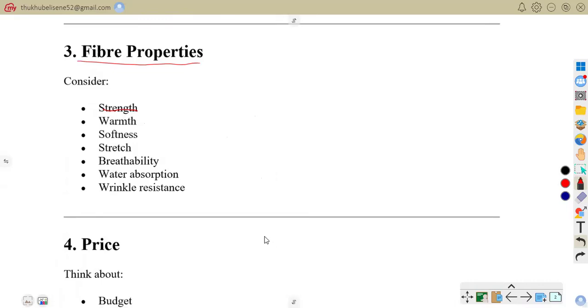For example, denim is strong enough for everyday jeans. Then warmth. Some fibers help keep the body warm by trapping heat. Like wool blankets, which we know very well, can keep people warm during winter.